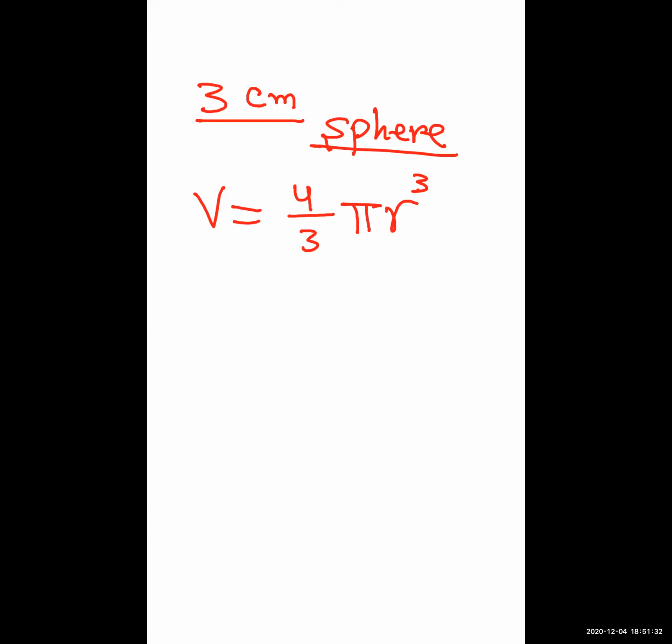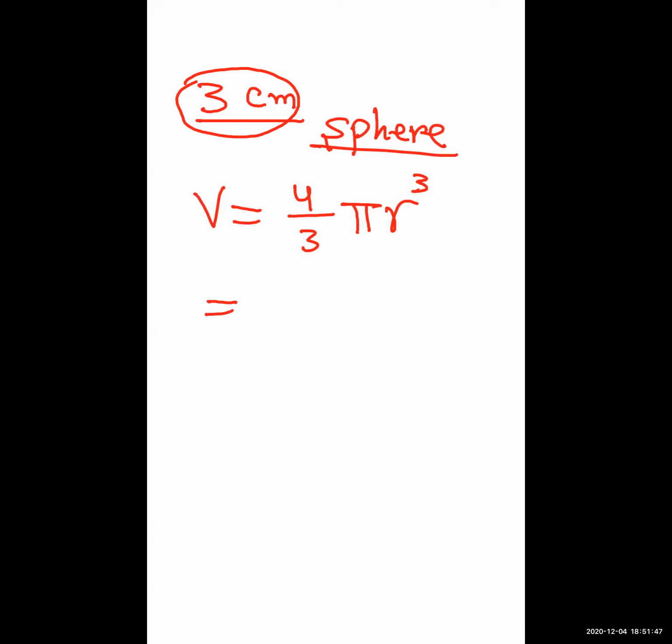Okay, so the volume of the sphere equals 4 over 3 pi r power 3, or pi r cubed. Now, guys, the radius of the sphere is given as 3 centimeters.